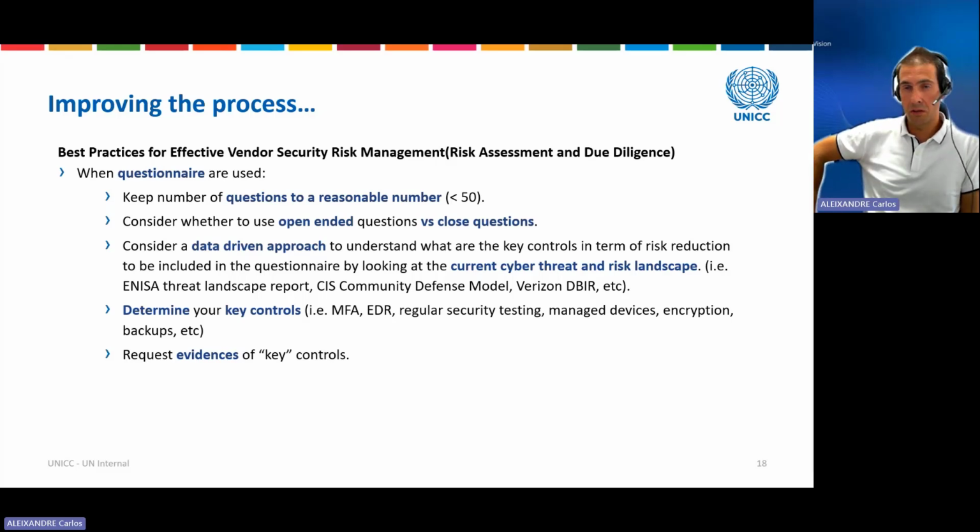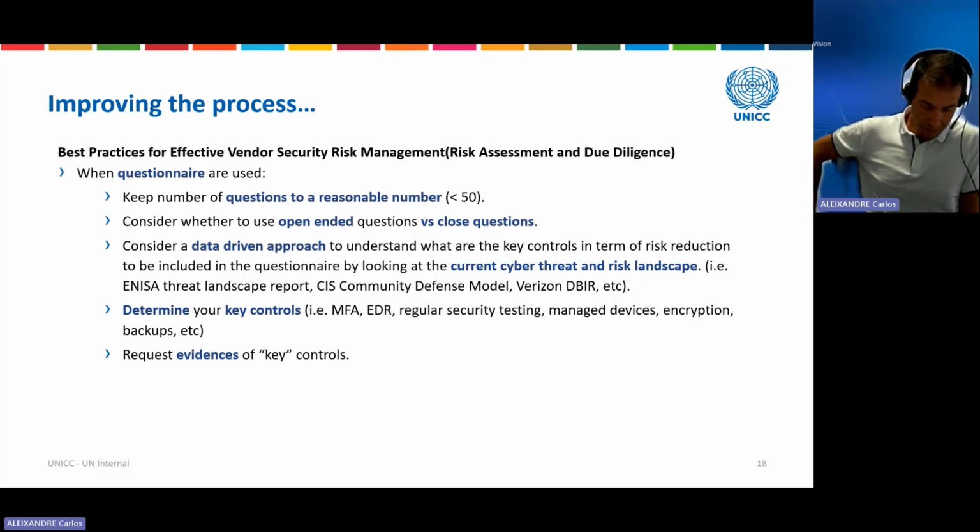Determine what your key controls are. It could be multi-factor authentication, EDR, regular security testing, having managed devices for all employees, encryption, having backups and having tests of those backups, etc. So you need to determine what your key controls are and add them to the questionnaire.